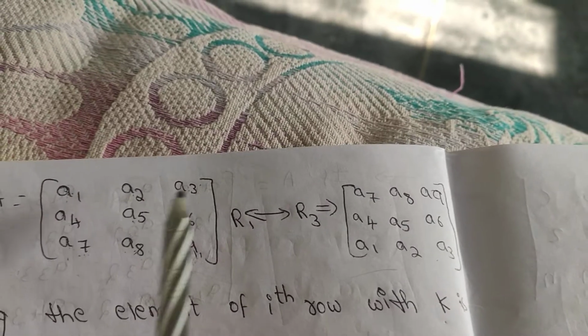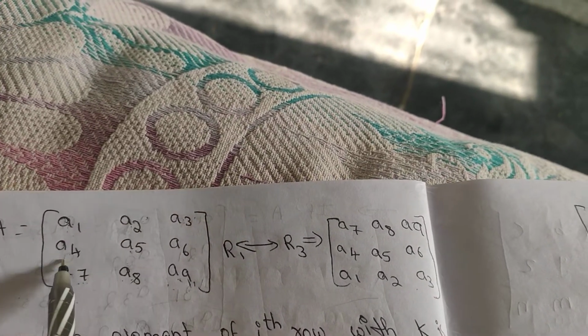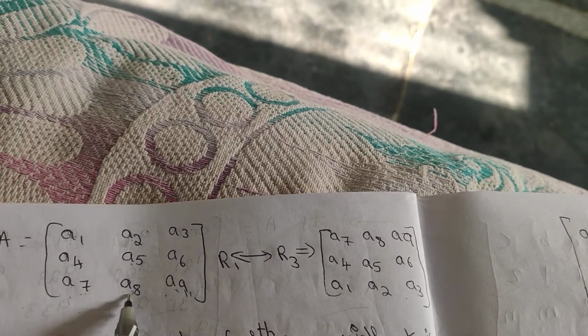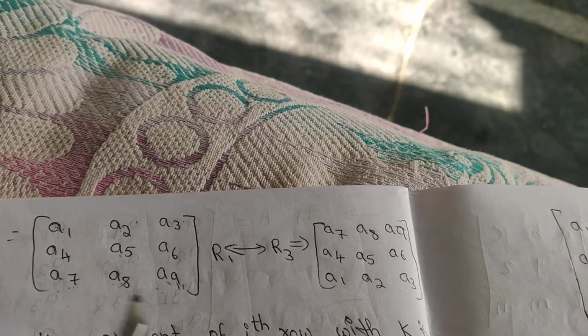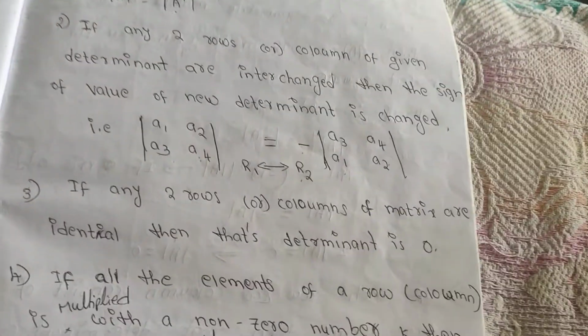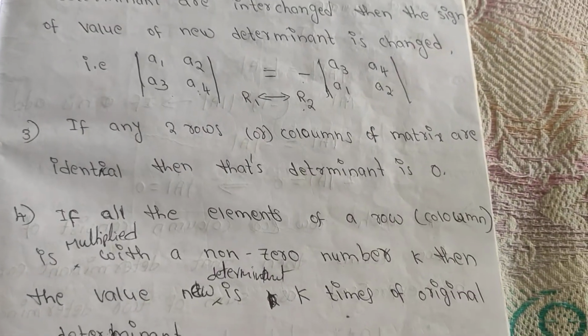For suppose here a1 a4 a7 and again a1 a4 a7, then you can say these two are identical, then this determinant becomes 0. Take your own example and confirm it. If you have any doubt, please ask me in study hours.